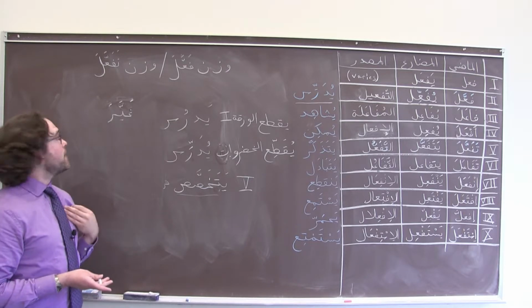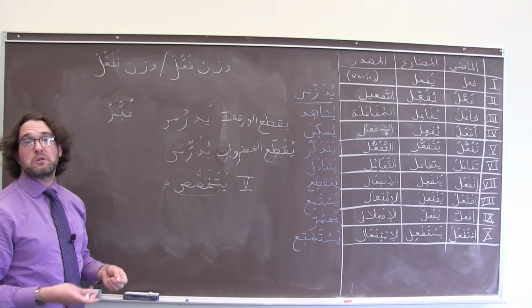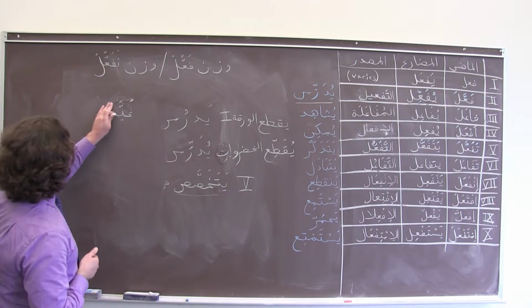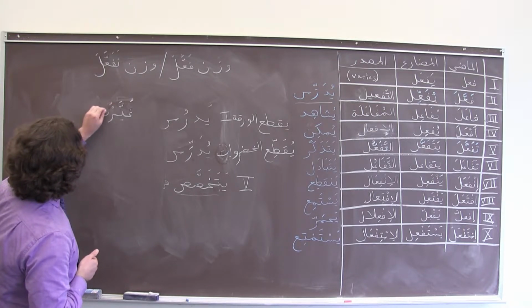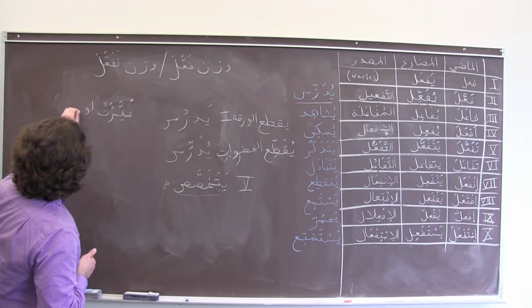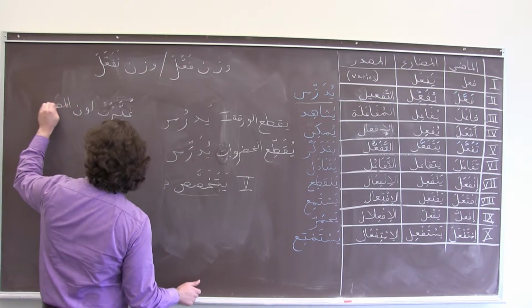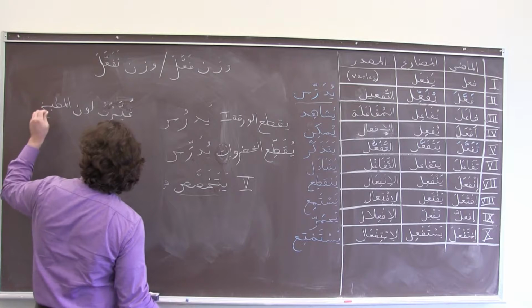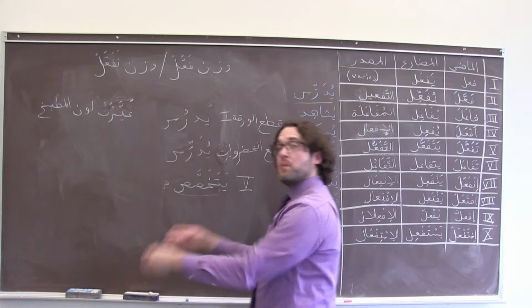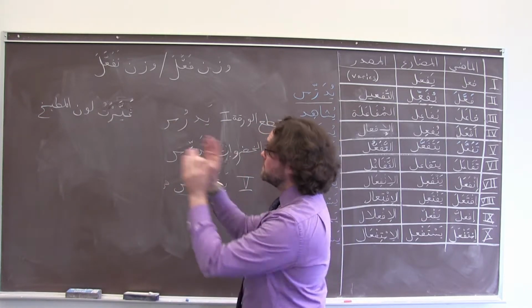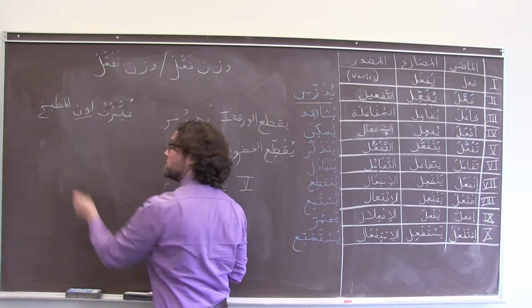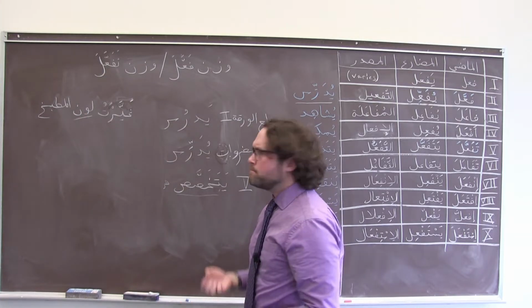So if I want to say, I changed the color of the kitchen, I could say غيرت لون المطبخ. The color was one thing, I went and changed it. I am the subject, the color, لون المطبخ, is the object.